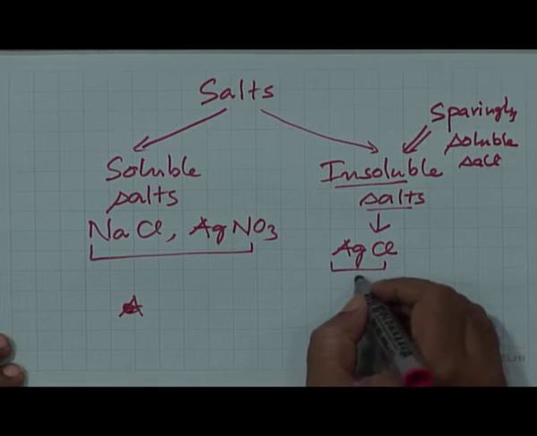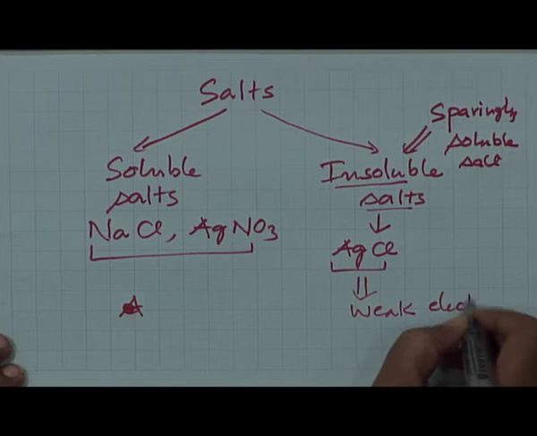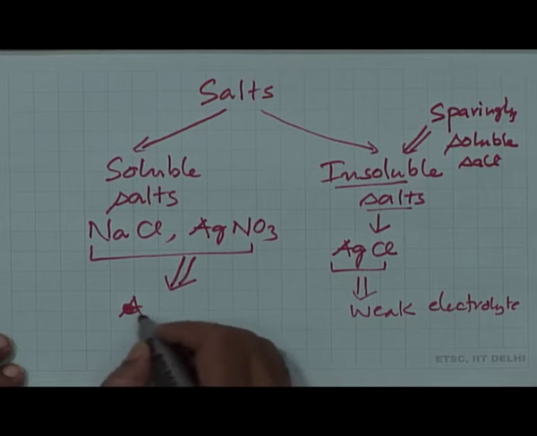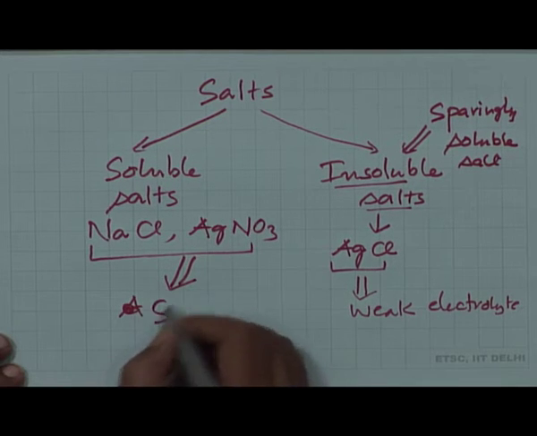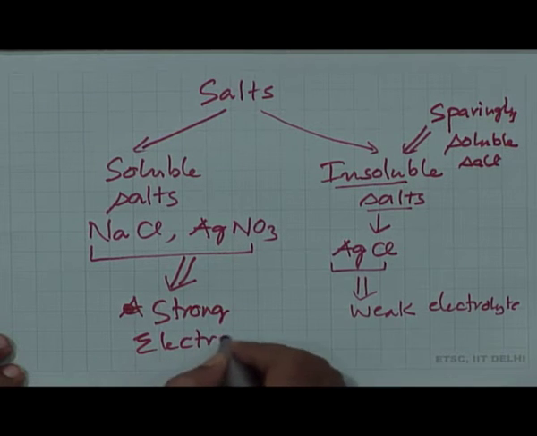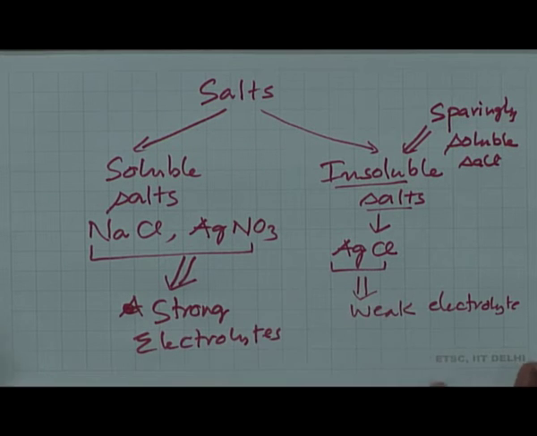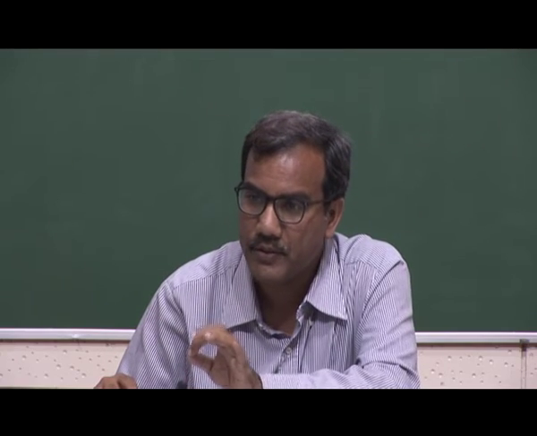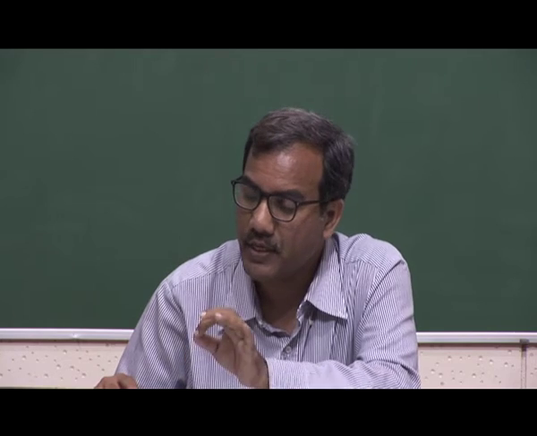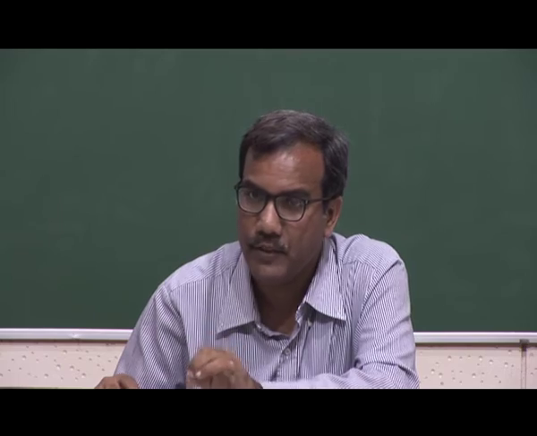So, sparingly soluble salts are weak electrolytes, whereas soluble salts are your strong electrolytes. So, salts can be of two types: soluble salt, insoluble salt. Soluble salts are strong electrolytes, whereas insoluble salts are weak electrolytes.